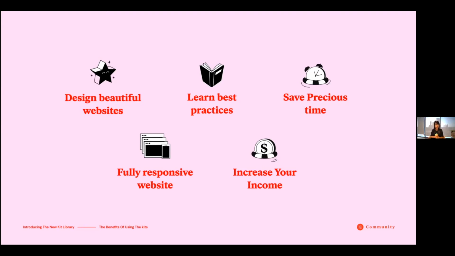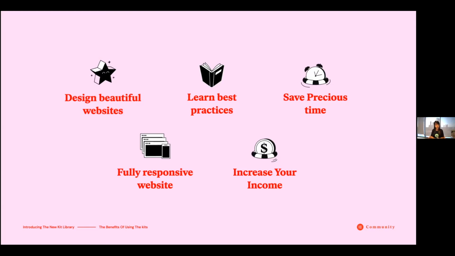You can also learn about the basics of a website, what site parts you need in each website that you're going to create. And another thing is that every kit in the library is responsive and ready to use for all devices: desktop, tablet, and mobile.